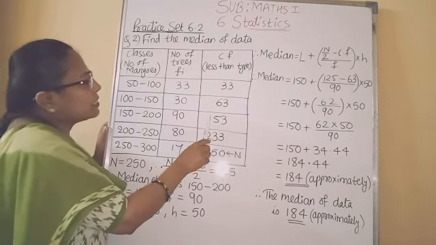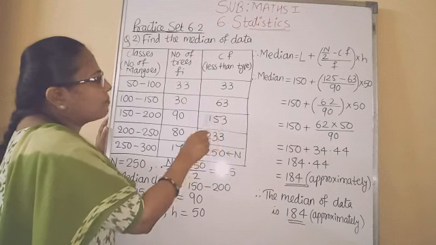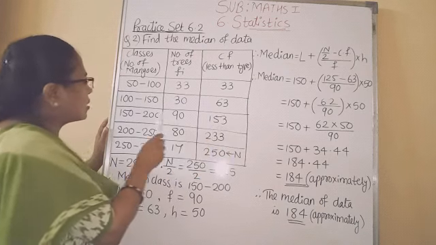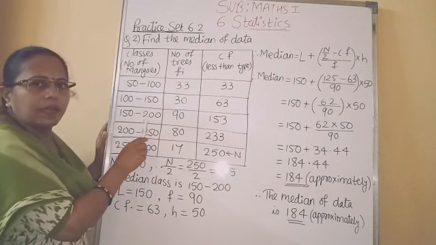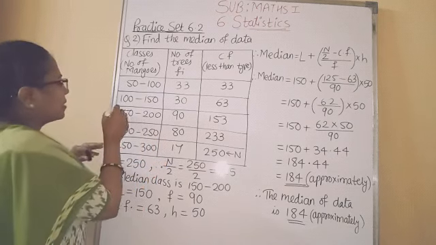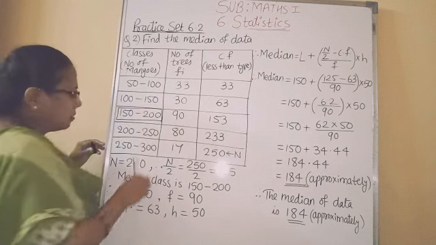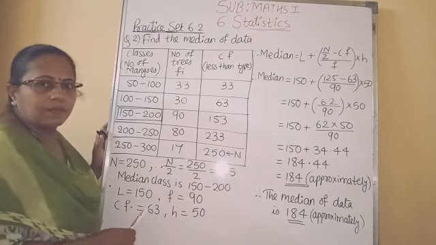The CF just greater than 125 is 153, and this 153 corresponds to the class 150 to 200. So this class is the median class. So the median class is 150 to 200.